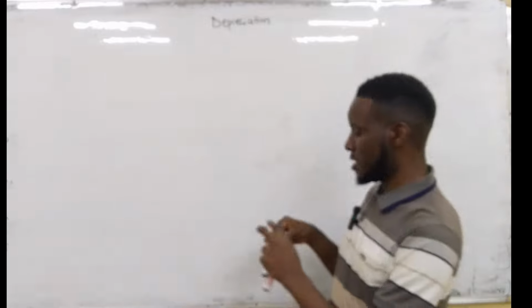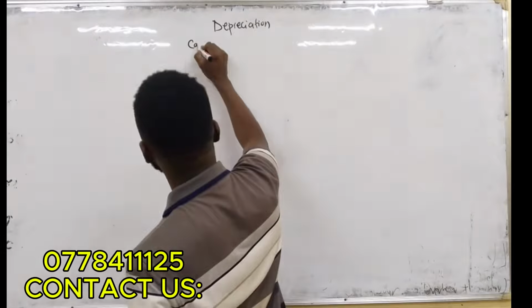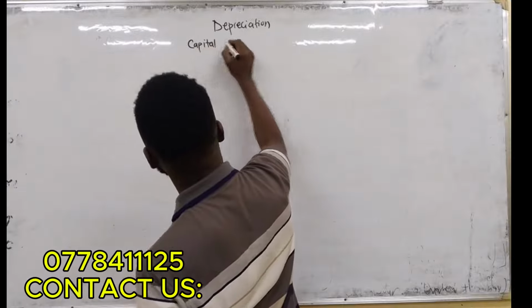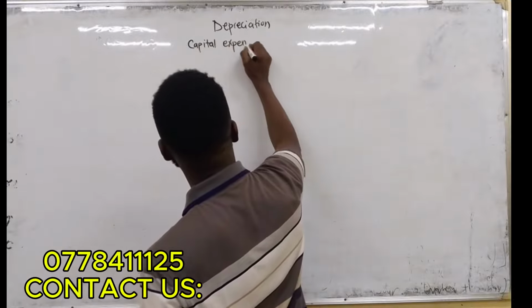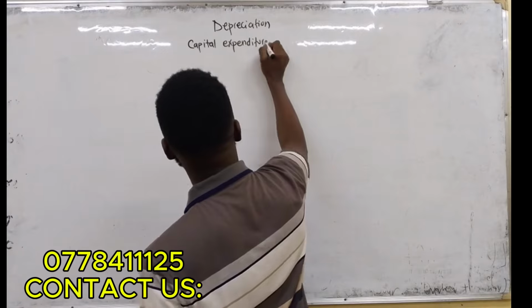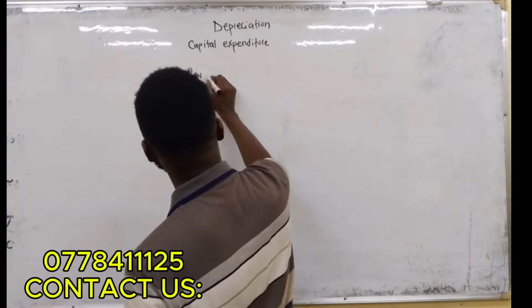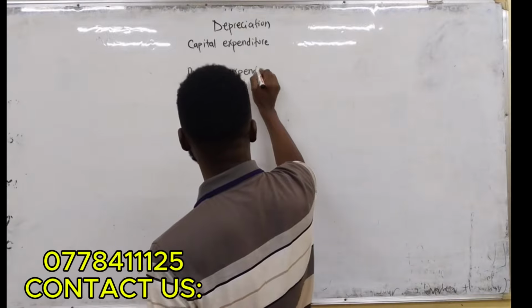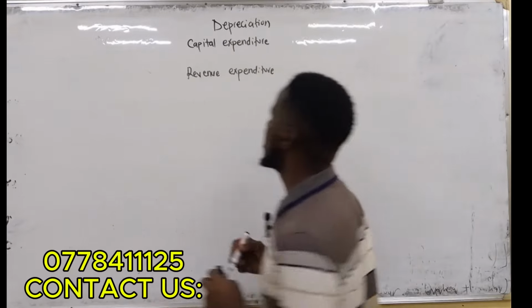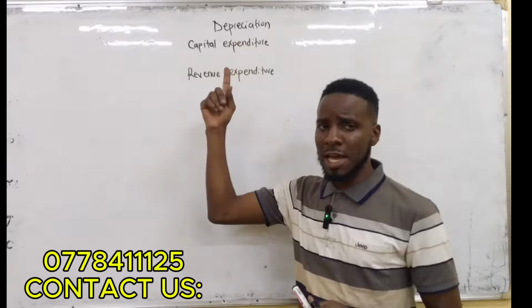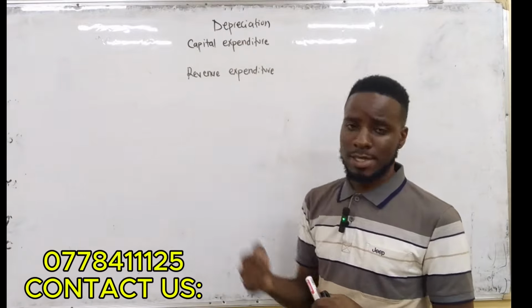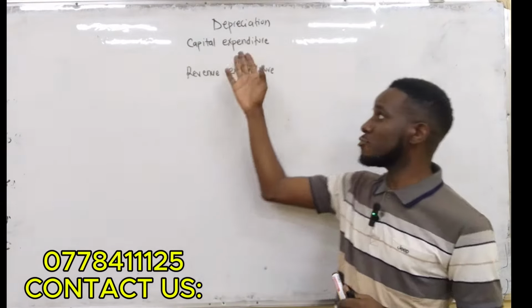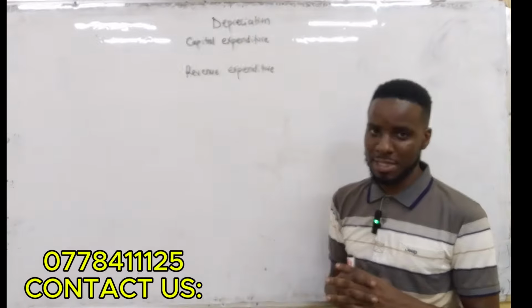But before we cover depreciation, let me look at what they call a capital expenditure and a revenue expenditure. Now, capital expenditure, this is the cost incurred in the acquisition of a non-current asset.